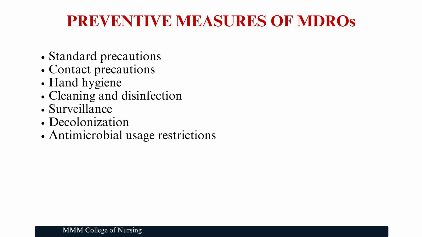And the last one is antimicrobial usage restrictions, because overuse of antibiotics must be avoided and monitored as far as possible by educating, updating and supervising the patients, families and the staff.